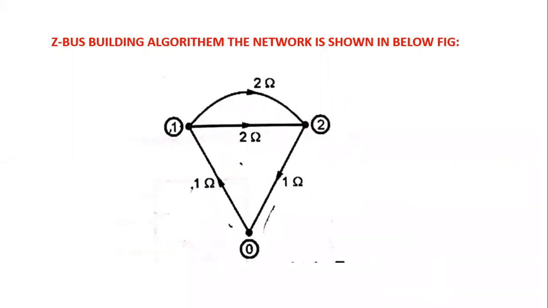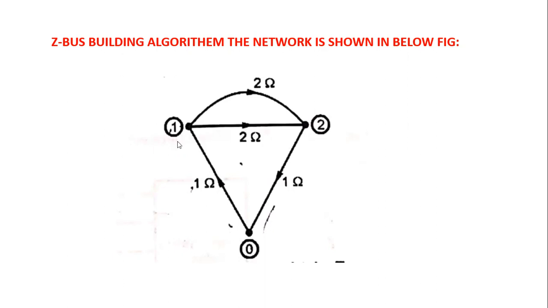This is the network, shown in the given figure. By using this network, we can derive the ZBus building algorithm. In this network, we have 3 nodes: 0, 1, 2.